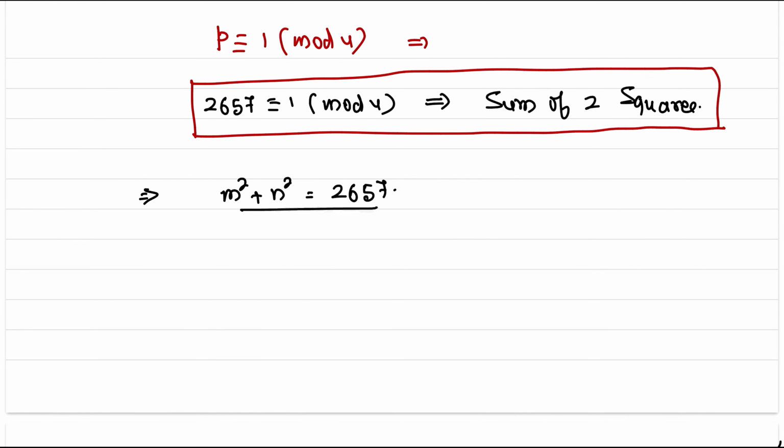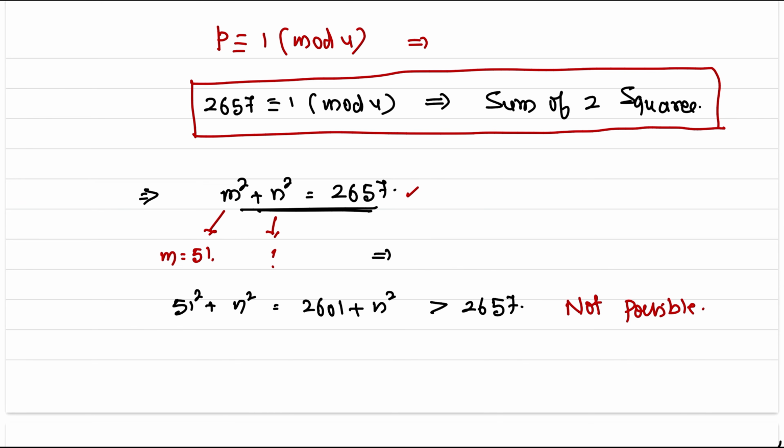This is what we have got ultimately after the number theory. Let us try for 50 square. 50 square is 2500, plus n square, 157 is equal to 2657. Is 157 a perfect square? No, it is not a perfect square.